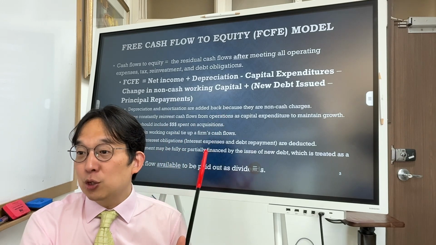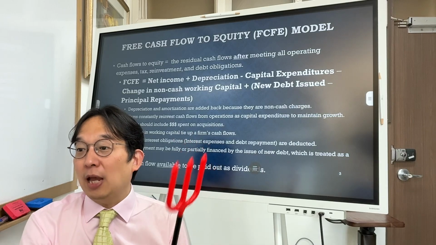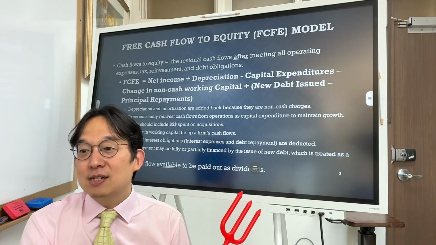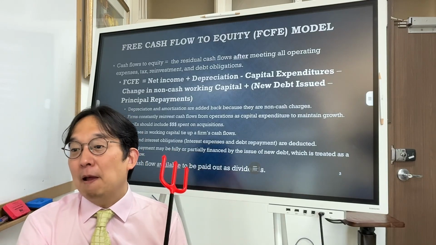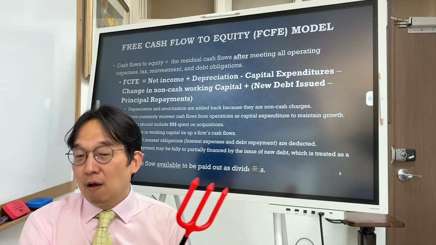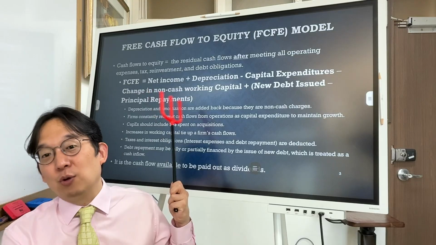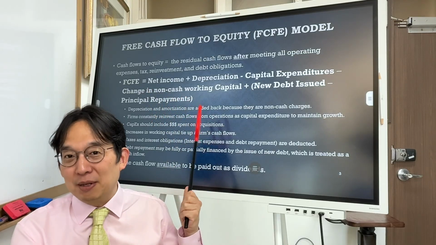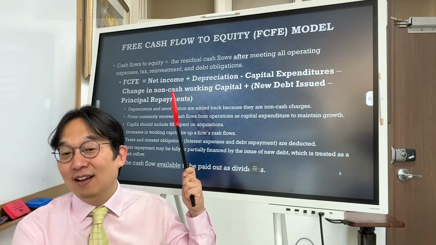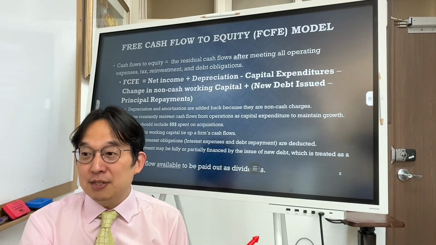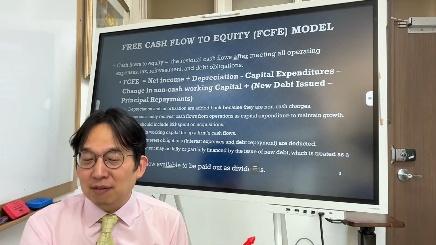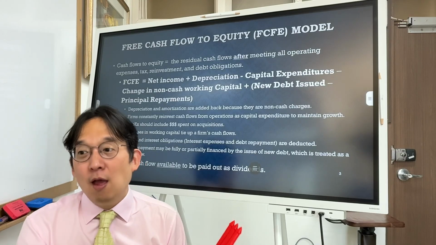FCFE should be the residual cash flows after meeting all operating expenses, tax, reinvestments, and debt obligations. First of all, tax, right? You don't want to upset the government. So let's start with net income because it's after tax. Then you add back depreciation because it's a non-cash expense that you recognized in your income statement before.